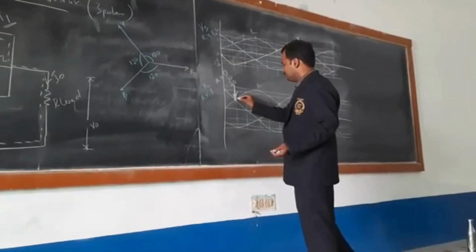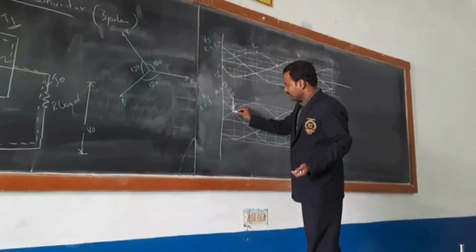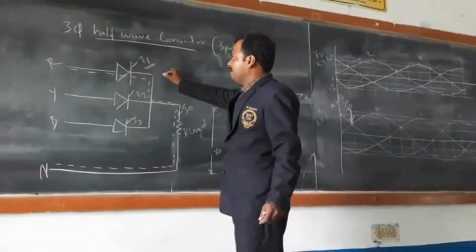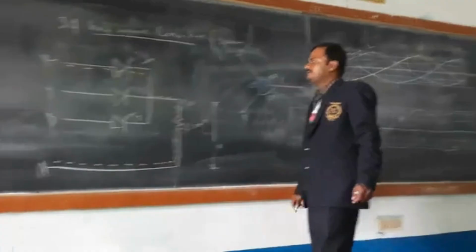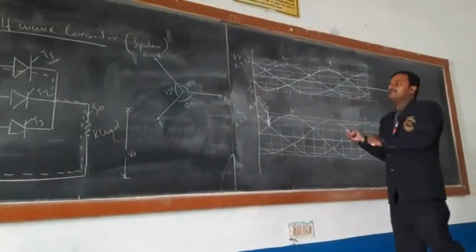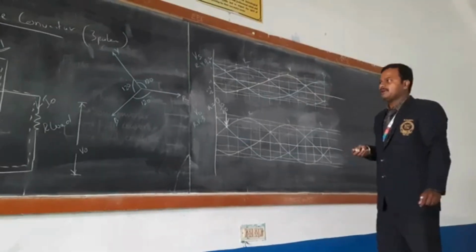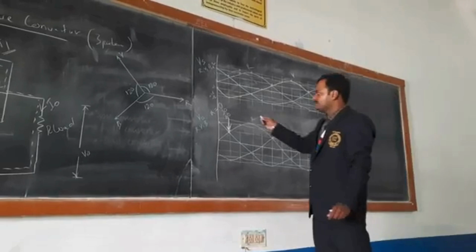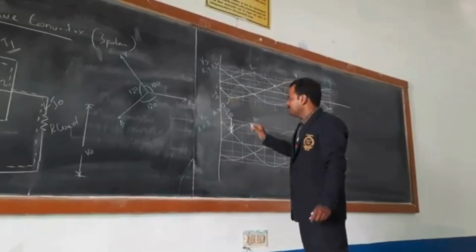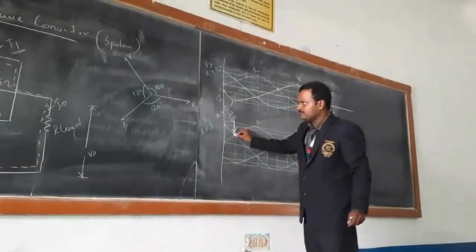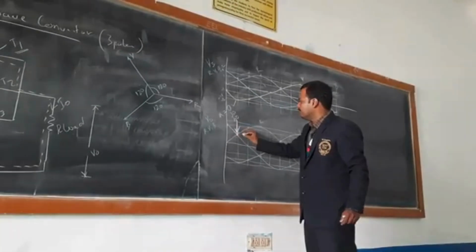Alpha equal to 0 means we are going to consider a condition that each thyristor should conduct up to 120 degree. Each phase is responsible to conduct 120 degree. Starting from alpha 0, the thyristor T1 starts conducting up to 120 degree.